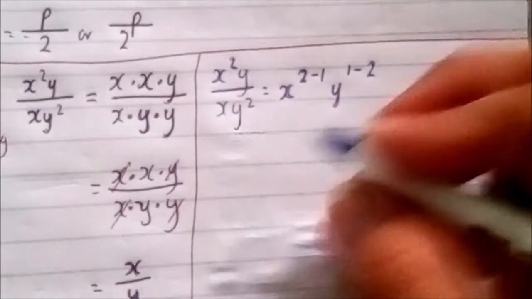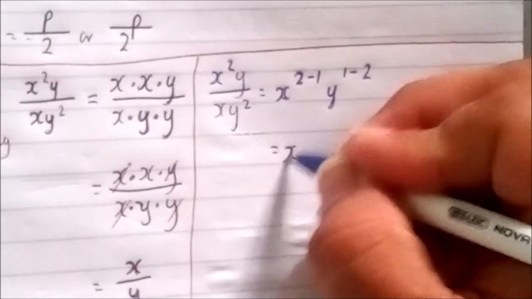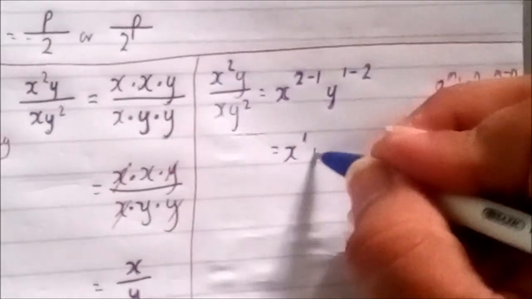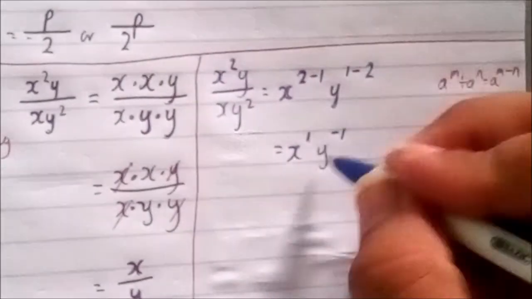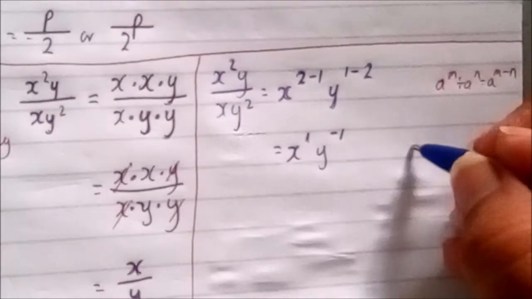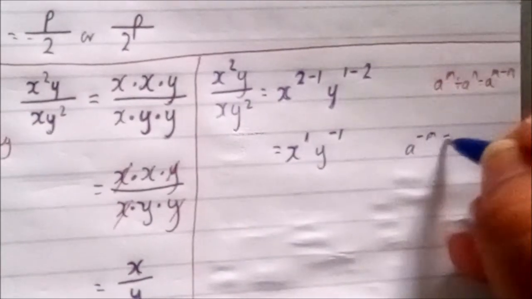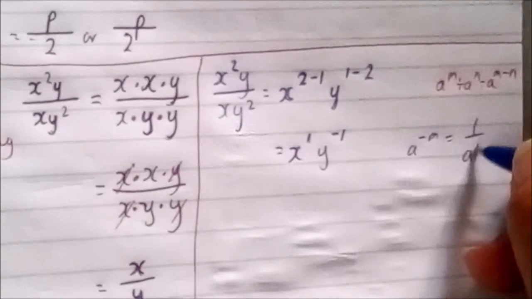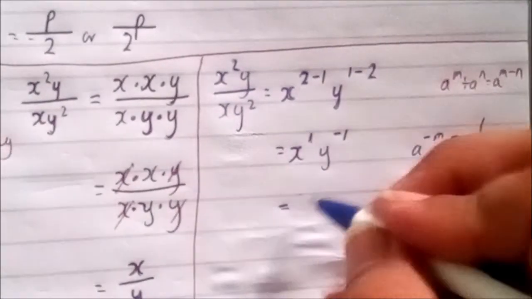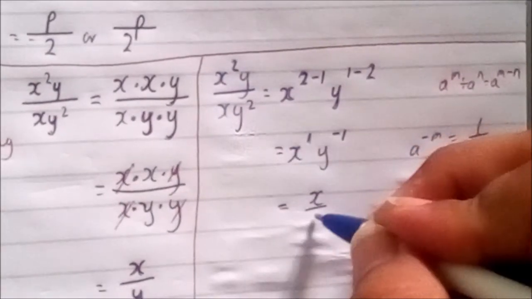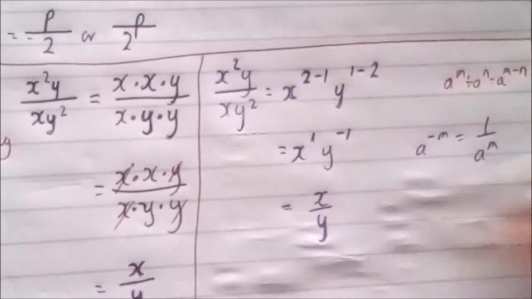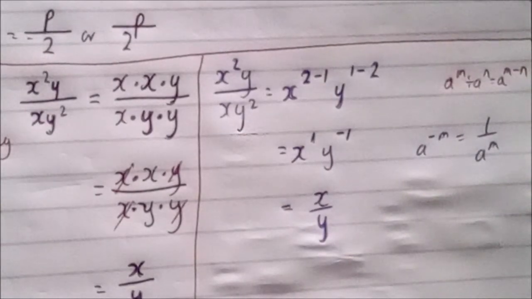Okay, that gives us now x to the first, y to the negative 1. But recall that a base to a negative power is also equal to 1 over that base to the positive power. So therefore this is actually x over y, and we end up with the same solution.